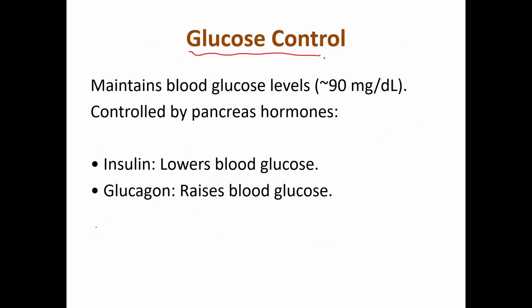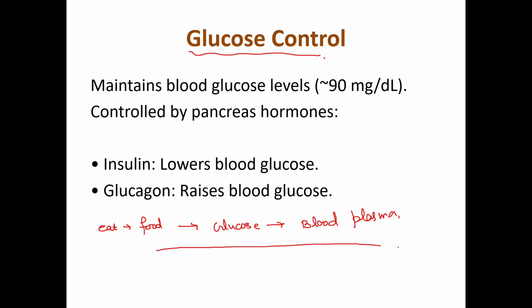Yes, we know everybody eats food for survival, food for getting glucose. And this glucose comes into the blood plasma, right? Now in blood plasma, it's just like that. This is a blood vessel, these are the RBC cells, and assume the star shape is glucose.